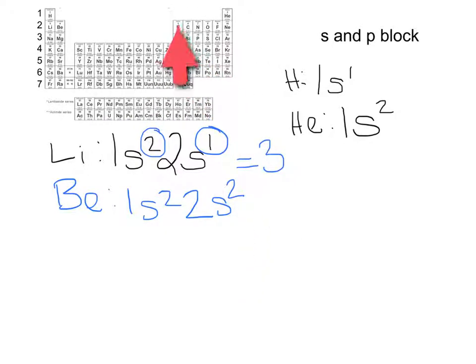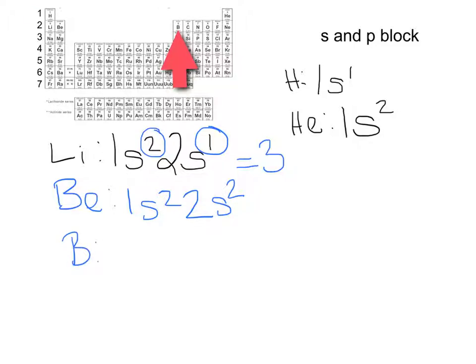So now let's go to boron. Boron is in P block, right? Same rules apply. Start at the beginning, read your line, then read your next line. So this one is boron.